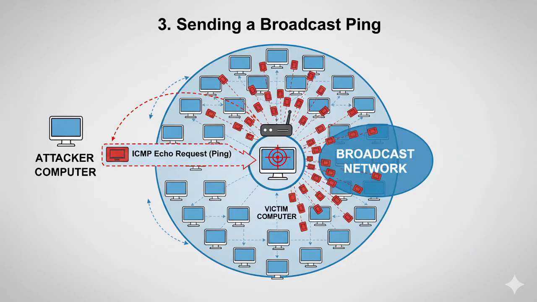The router, recognizing a broadcast, dutifully forwards this ping to every single host on that local network segment, as indicated by the numerous red packets fanning out. Each of these machines, believing the ping originated from the victim, will soon generate an ICMP echo reply and send it back to that supposed source. This seemingly innocuous broadcast is about to turn into a massive concentrated flood against the actual victim.